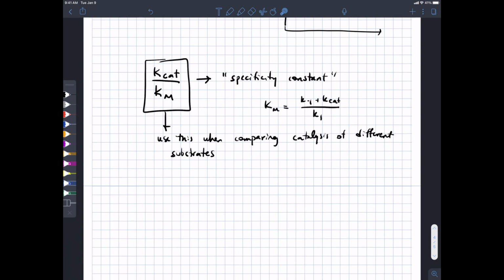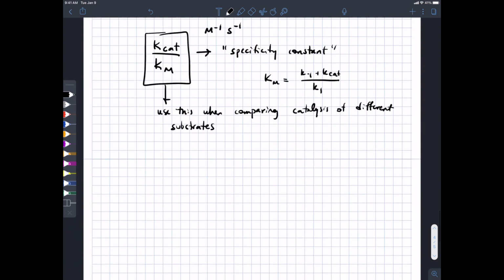Okay. Interestingly, the units of kcat over Km are going to be per molar per second. So it's like a second order rate constant.